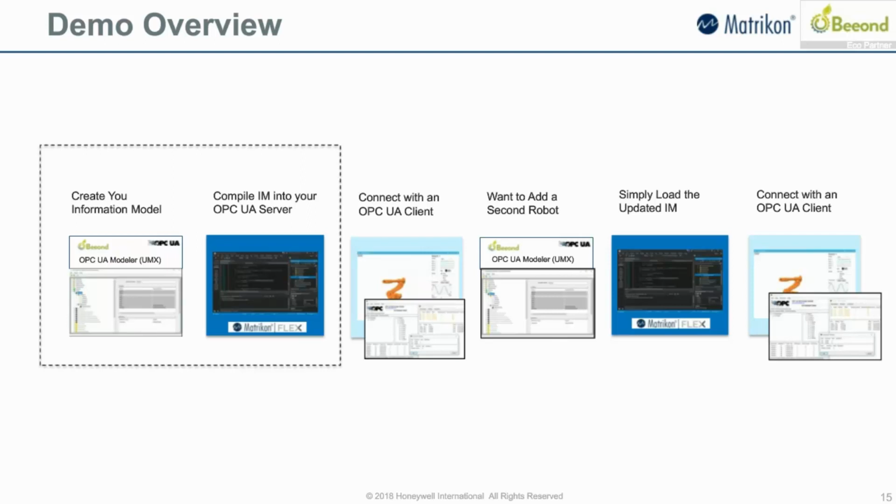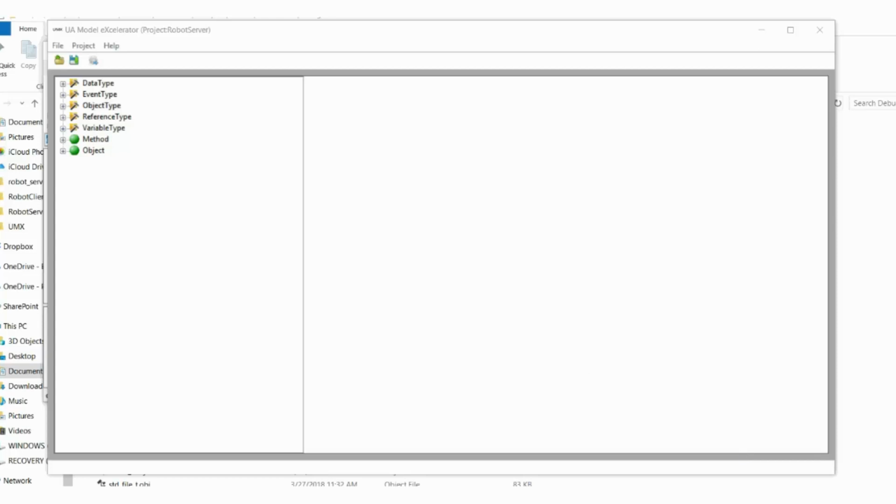I'm going to share my screen, and there's going to be a little bit of code and tools. I'm showing now on the screen the rather simple interface of the UA model accelerator, which is now publicly available on GitHub. You will find the information in the resource list or in the information about this webinar.